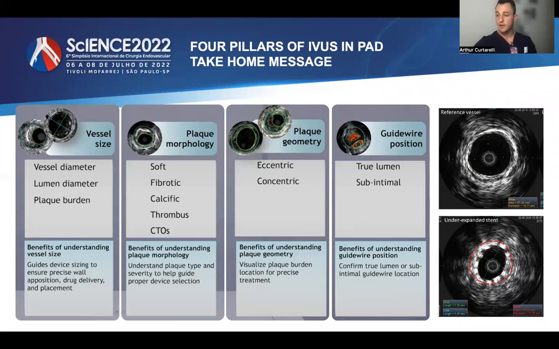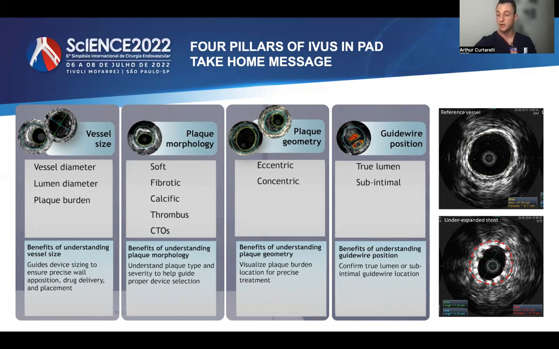So we know that in an analysis from the National Inpatient Sample Database, the use of IVUS was associated with non-significantly higher hospital cost, but a significantly lower rate of post-procedural complications. The stent kink resistance plays an underreported role in these positive clinical outcomes.